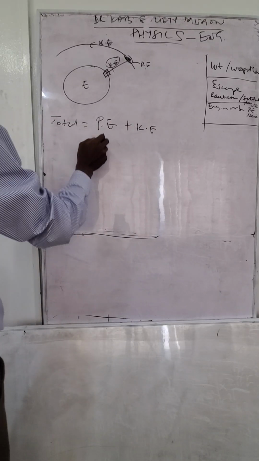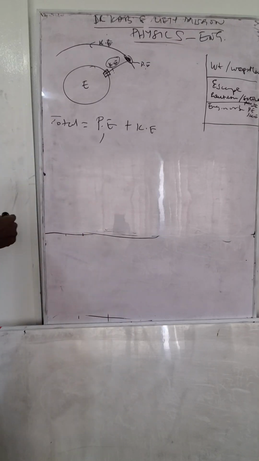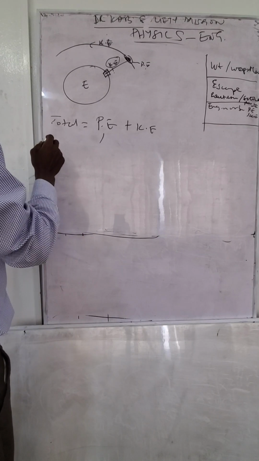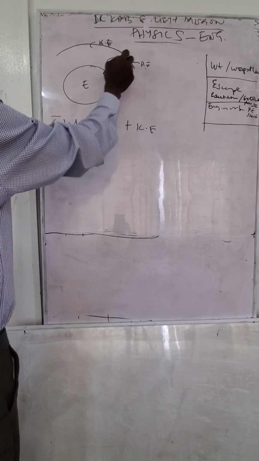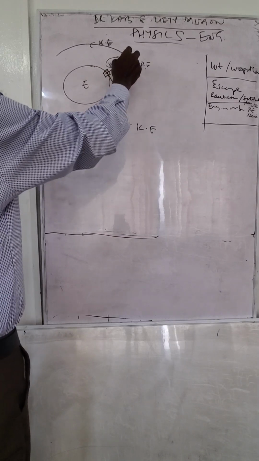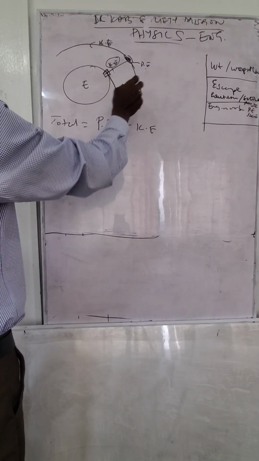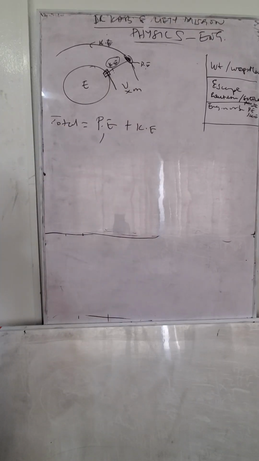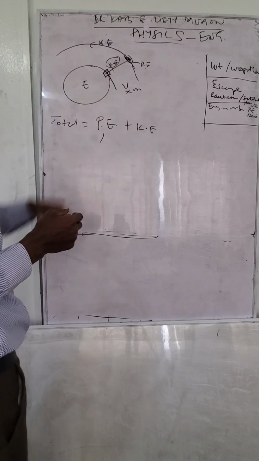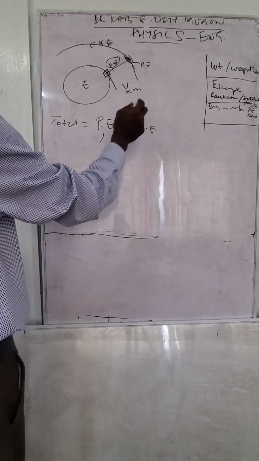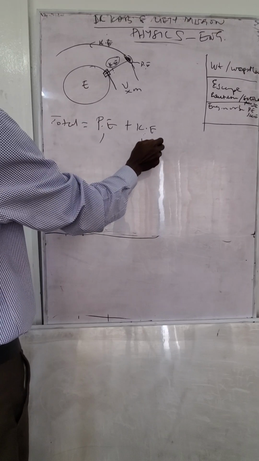Now how do you get the potential energy here? If you know the potential here, and we multiply by the unit mass, we should get the potential energy. Then of course the kinetic energy is half mv squared.